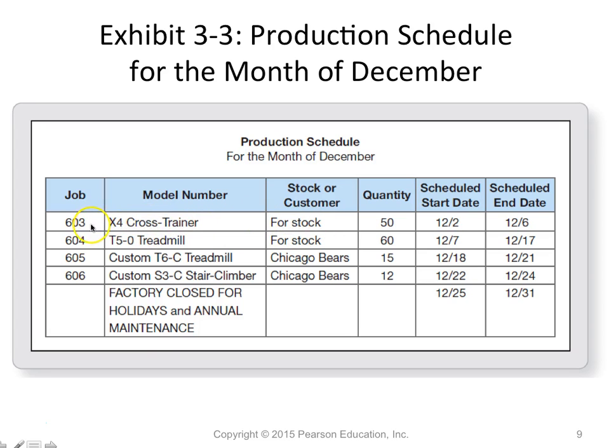Here, job 603 will be made in a quantity of 50, starting on the 2nd of December and scheduled to finish by the 6th of December. Similarly, we have 5 or 6 jobs with different items, different quantities, starting at different times, all in December. So there will be holidays. That's the kind of production schedule a company may make for the month.